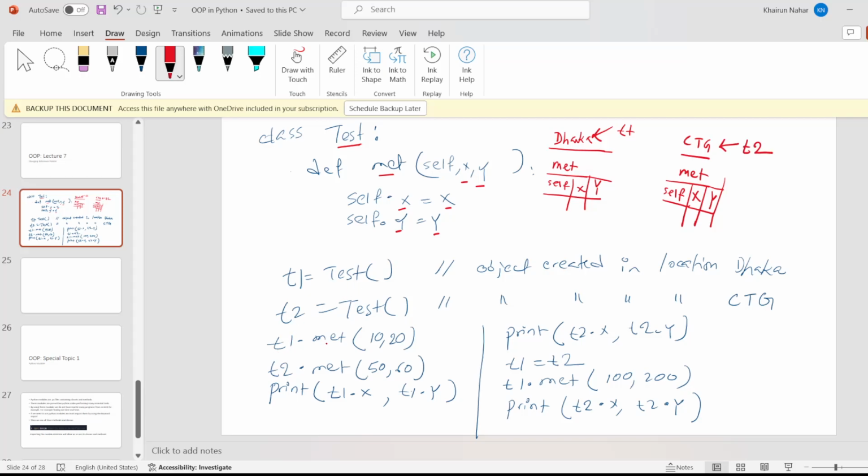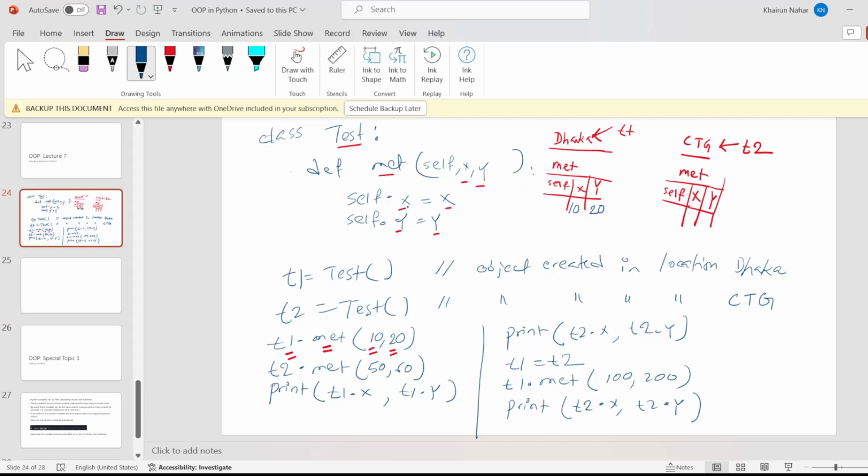Now over here, I call met method of t1, and inside the arguments, I send 10 and 20. So over here, inside Dhaka, this met is called, and x will contain 10 and y will contain 20.